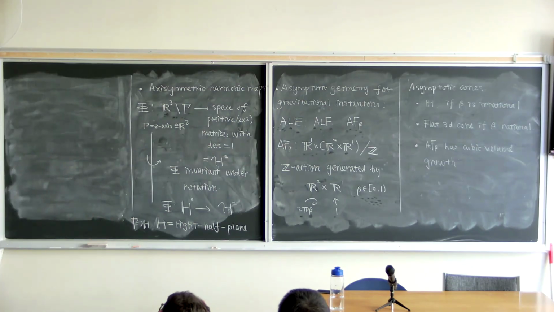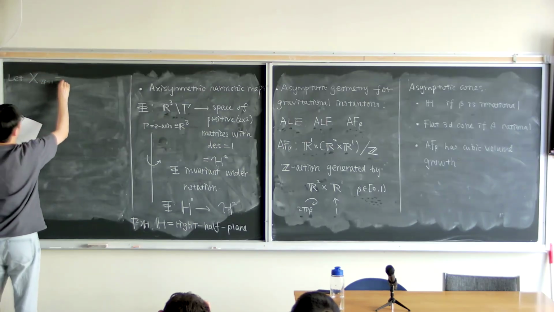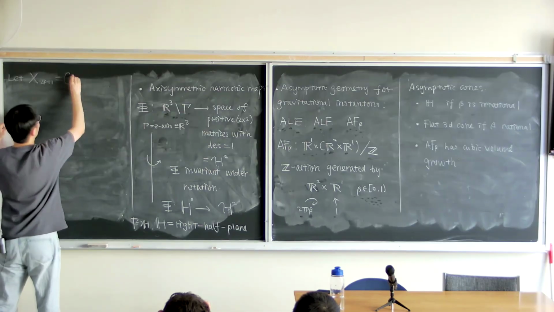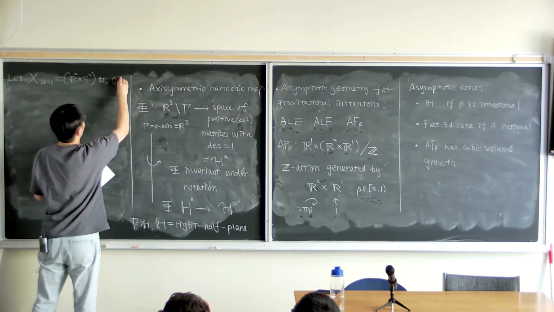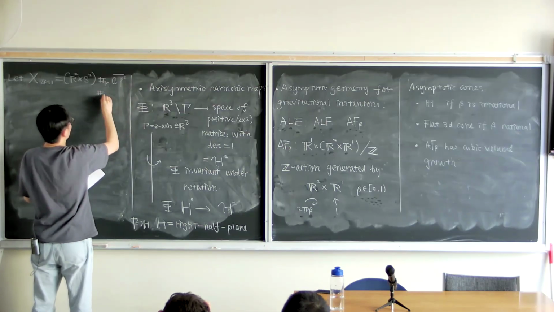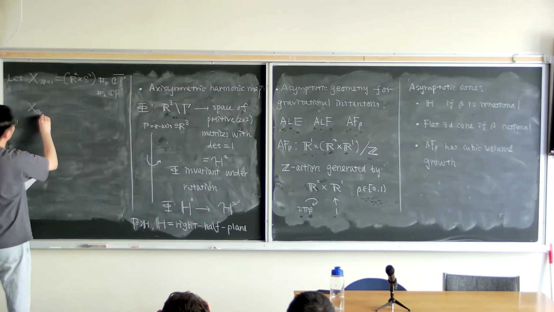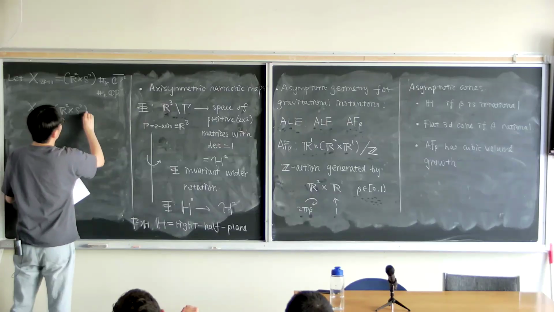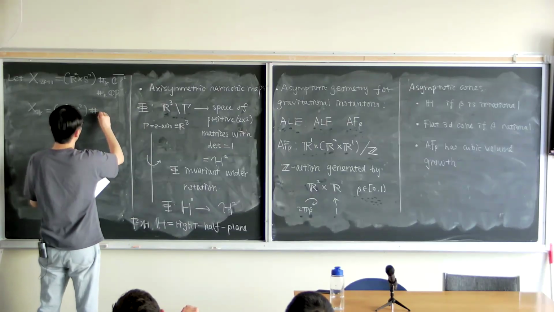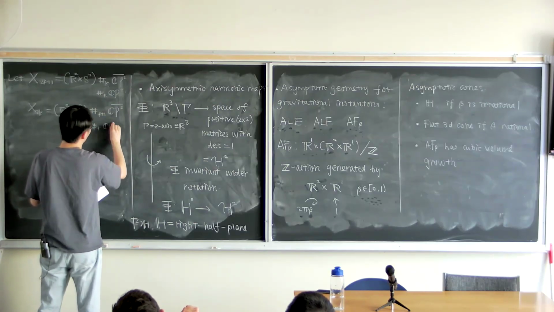I'm going to introduce some topological spaces first. Let X_{2k+1} be the four-manifold R2 cross S2, connected sum with k CP2 reverse, connected sum with k CP2, and X_{2k} be R2 cross S2, connected sum with k+1 CP2 reverse, connected sum with k CP2.